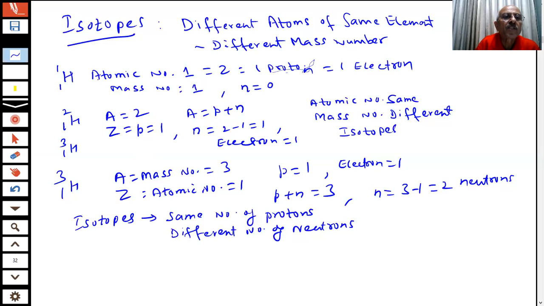Supposing this is 99.99%, this is 0.001, this is 10 to the minus 13 of that. Very, very small amounts are present. Even the names have been given differently. This is called protium, this is called deuterium, and this is called tritium. 1H1, students, 1H1 is called protium.